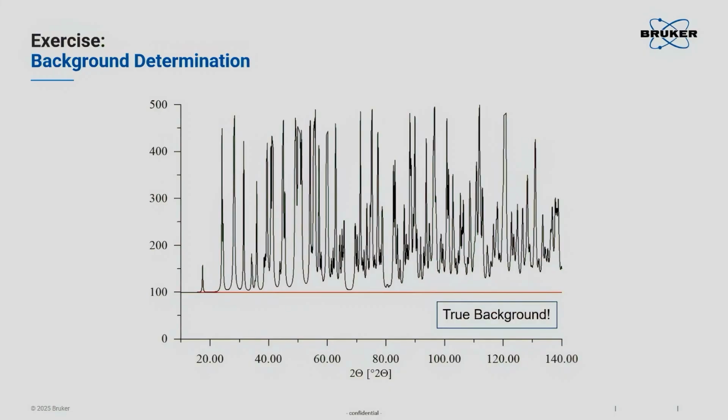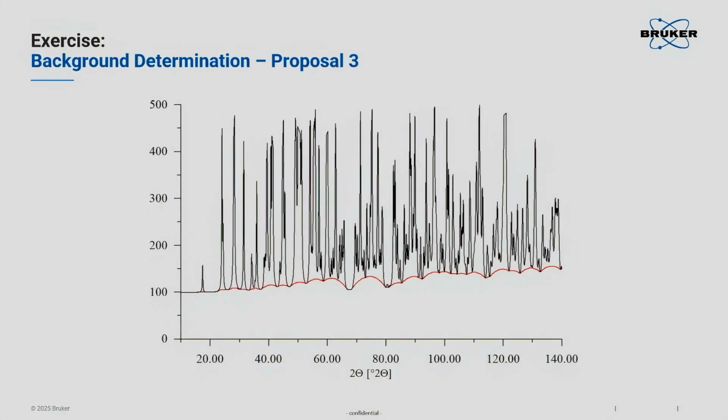But what alerts us that it cannot be, for example, this here is obviously not correct, although it is often being used in phase ID. Some software is using this sort of background for phase ID. In phase ID, it doesn't matter if you cut off intensities from your peak tails, because the important information is, first of all, the peak position and the relative intensity, but the error by such a background subtraction would be small.